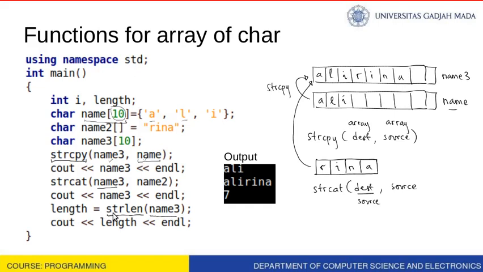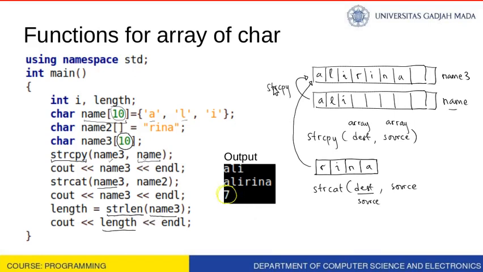When we want to know the length of name3, as we see here, name3 has a size of 10 for the array of char, right? But why is the output of this strlen 7? Why is this 7?